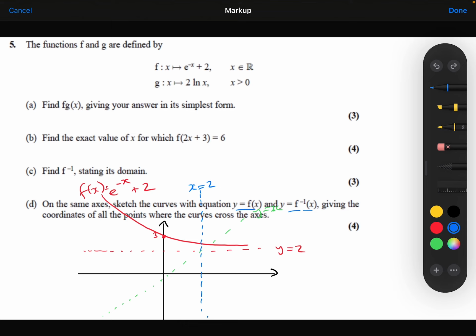That's the wrong way around, it should be looping away, so it will intersect here at 3. It will intersect here. That's going to look more like this. And so that's the graph of f inverse of x, which, if you remember, was minus ln x minus 2. Obviously, you can always put these into your graphical calculator and use that to help you as well here.